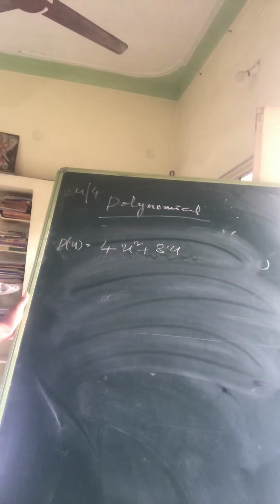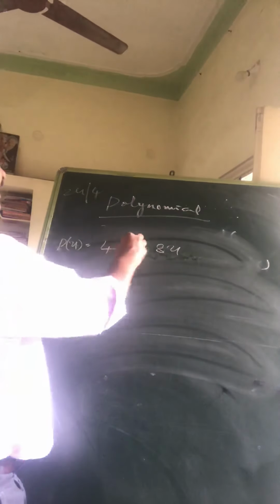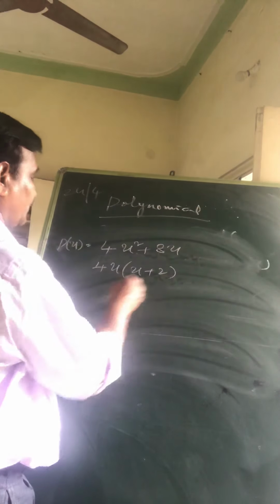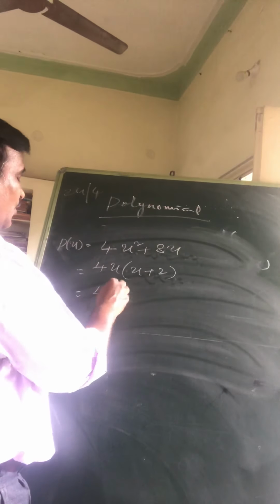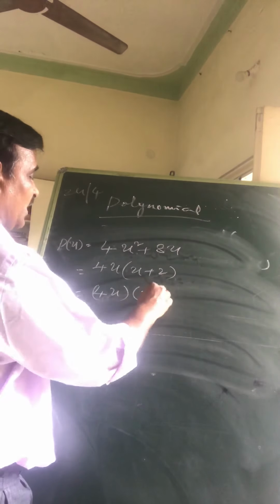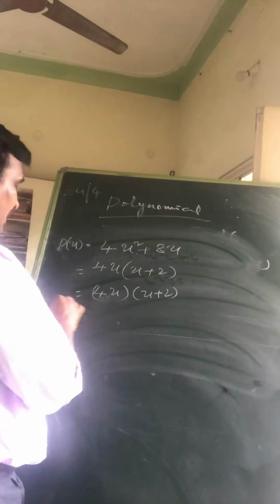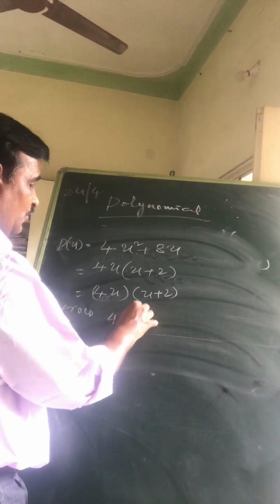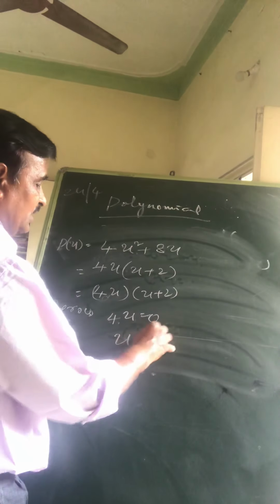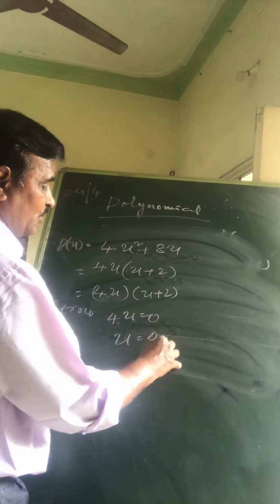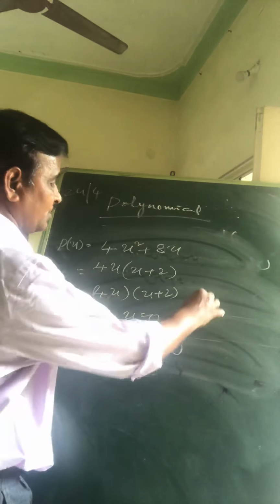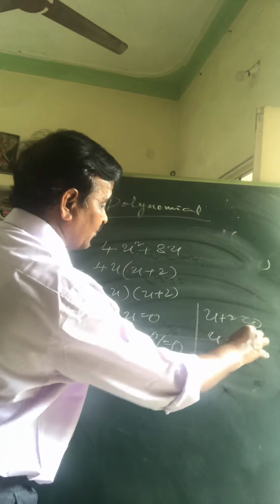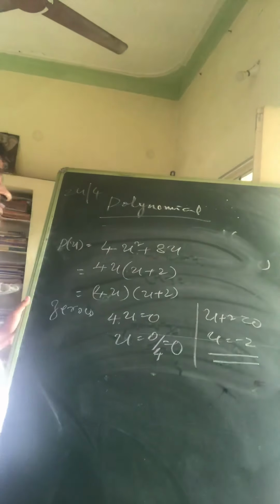Okay, now we can take 4u as common: 4u into (u plus 2). Then the zeros are: 4u is equal to 0, so u is equal to 0 by 4, which is 0. And u plus 2 is equal to 0, so u is equal to minus 2.